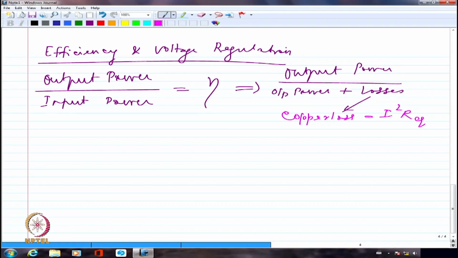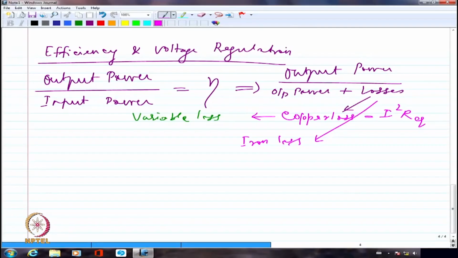So these copper losses are also known as the variable losses. They are not constant loss. The second kind of loss I have is iron loss or constant loss, which we already saw corresponds to IC square RC if I say it in terms of the equivalent circuit.